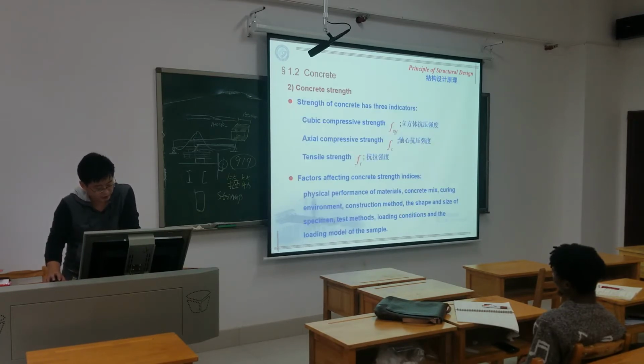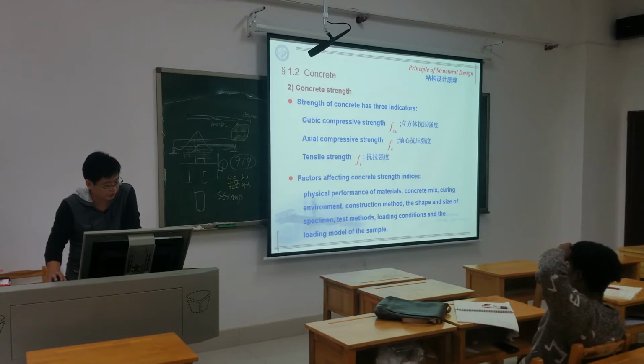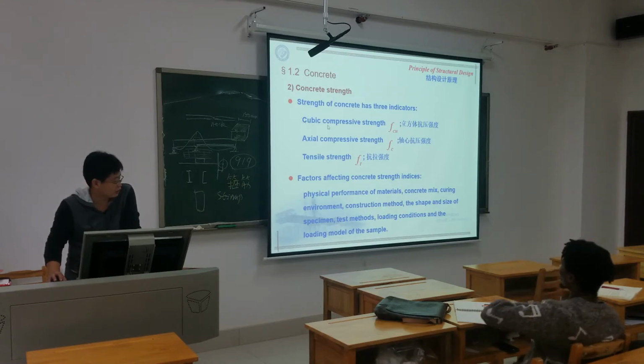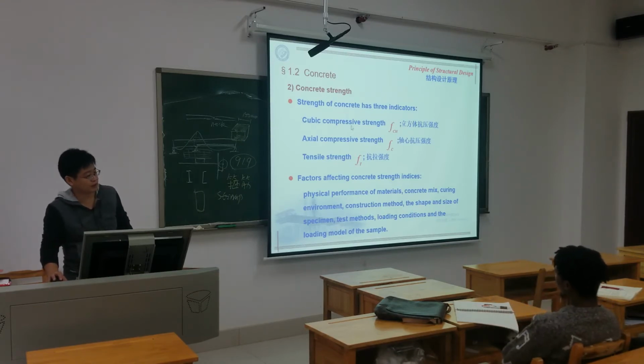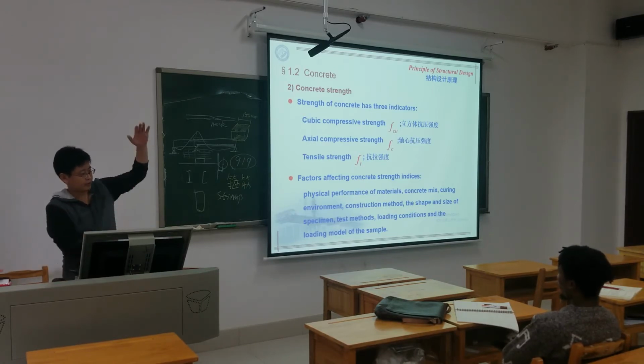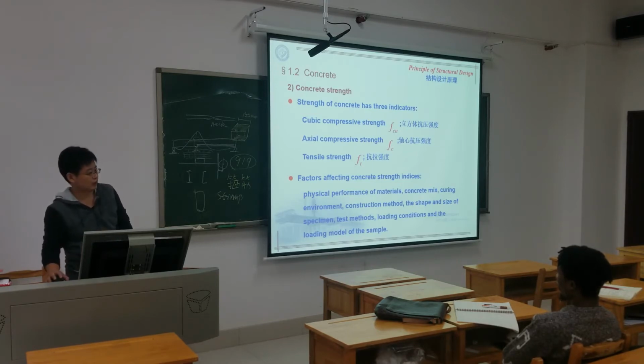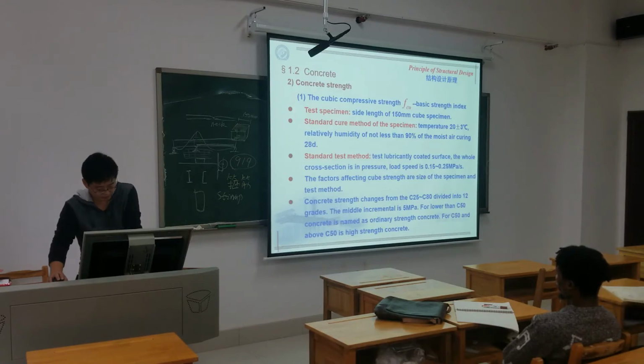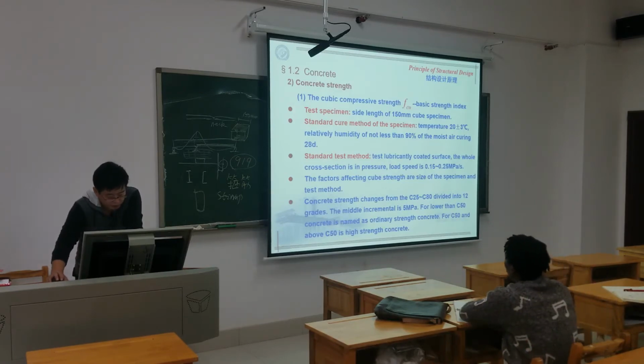Because of f_c, the size of the specimen is different. Here cubic uses a 150 millimeter cube, and here it uses the same cross section, but the length is 300 millimeters. It's a different size. So the compressive strength changes from C25 to C18.